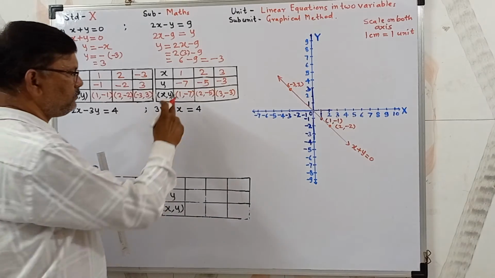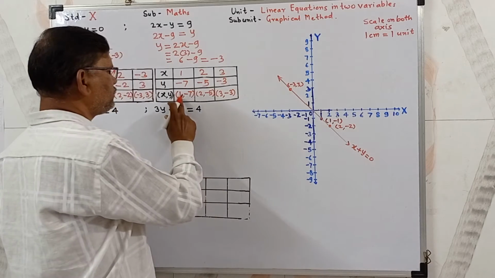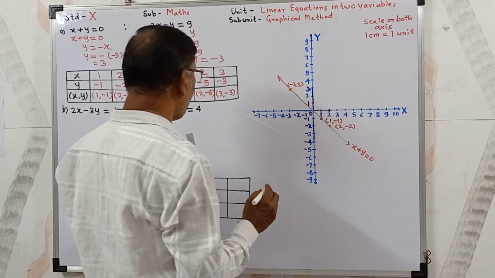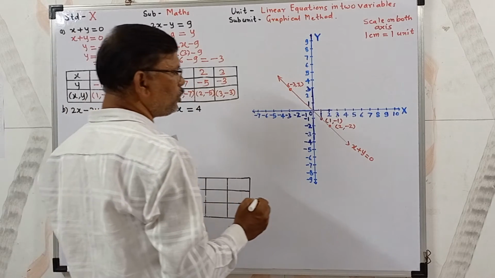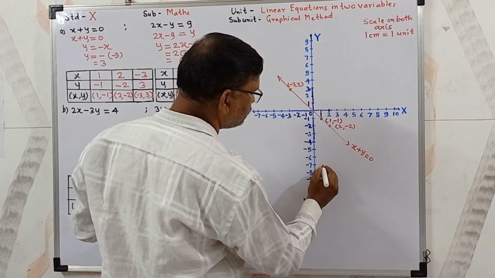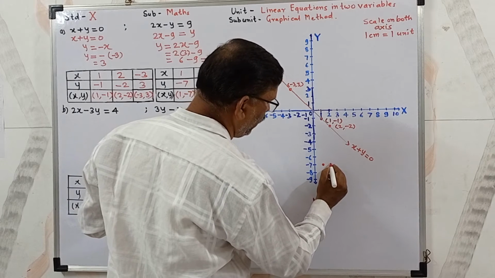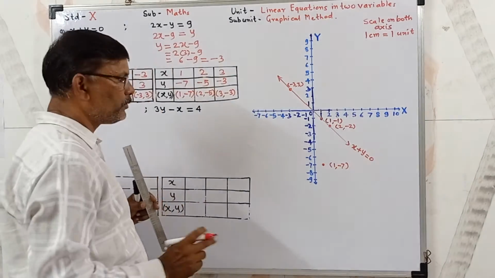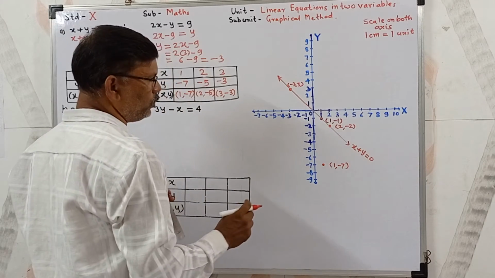Now we will draw these numbers on the graph. First point is 1, minus 7. 1 is on the x-axis, and minus 7 is on the y-axis. Here is 1, minus 7. Understood? Then the next one is 2, minus 5.